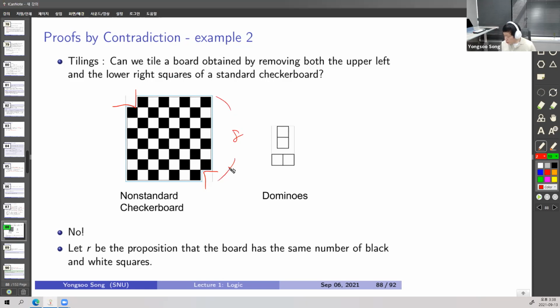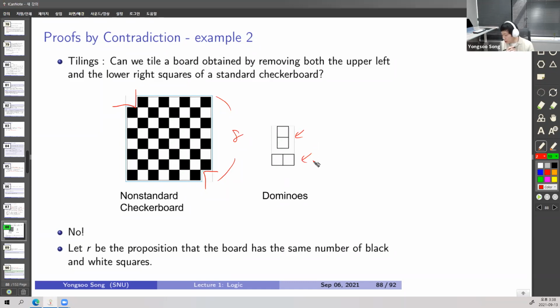In general, we should have 8 times 8, in total 64 tiles, but 2 of them are removed. So we now have 62 tiles. And the question is, can we tile this board? That is, can you fill this board using these dominoes of this shape?